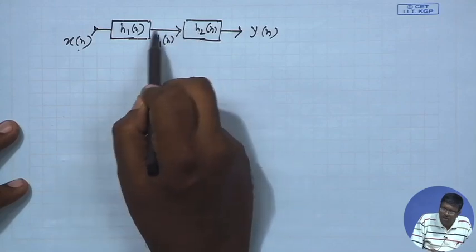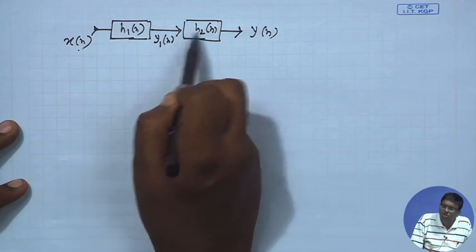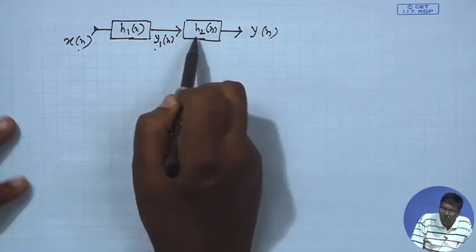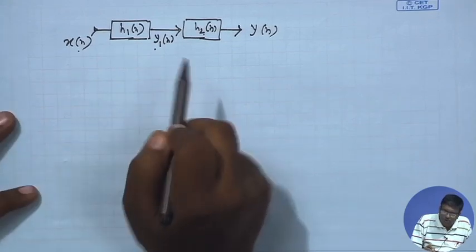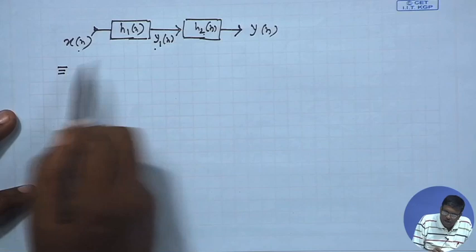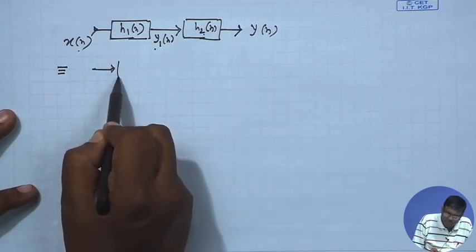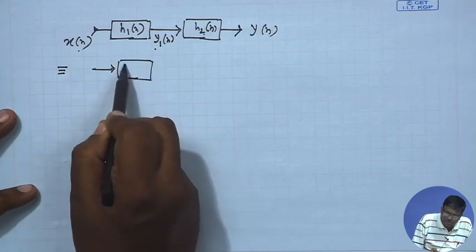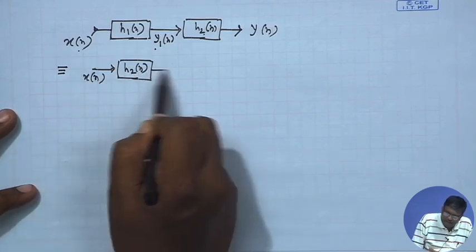In that case, for any other input, say y 1 n, the corresponding output will be a convolution between y 1 and h 2, and equivalently between h 2 and y 1. What I will show is that you can interchange the two and still you will get y n. That is, I can first bring h 2 n, with this input being x n.